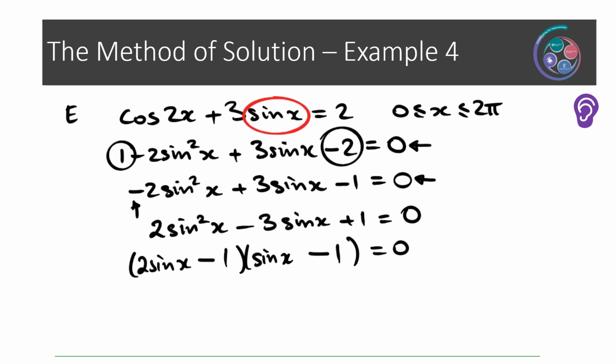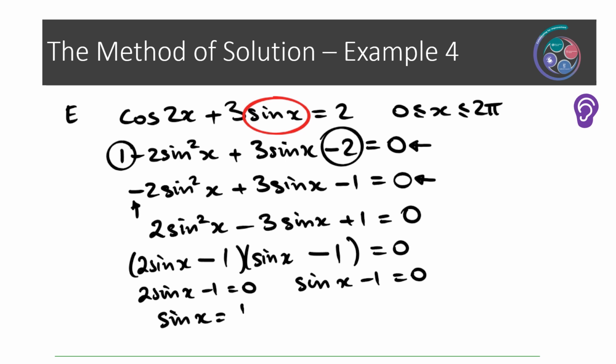Once you've factorised it, the first bracket says 2 sine x minus 1 is 0, and the second bracket, sine x minus 1 is 0. Working with the first one, taking the 1 over, then taking the 2 over, sine x equals a half.